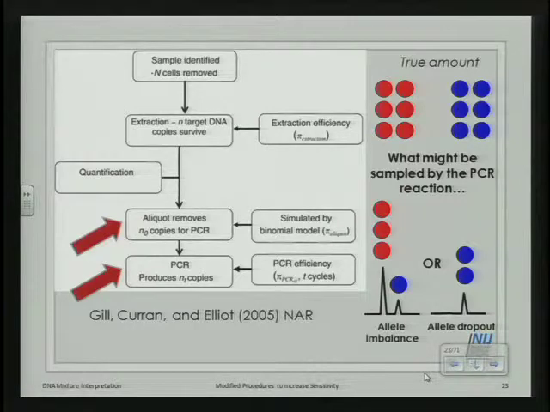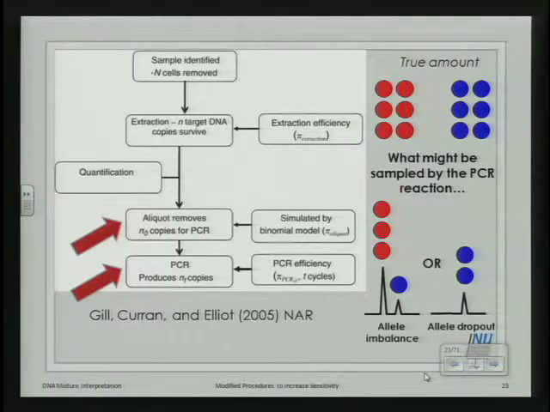Just to show as an example, you have red alleles and blue alleles, and this may be what's in your extract, but when you put your pipette in there to pull out template, you may only pull out, say, 3 alleles that are red and 1 that's blue, so you'll get this imbalance when you do PCR. Or by chance, again using a binomial distribution, you may only pull out 2 of the blue alleles, so you've completely lost the red, so you've completely lost your sister allele here.